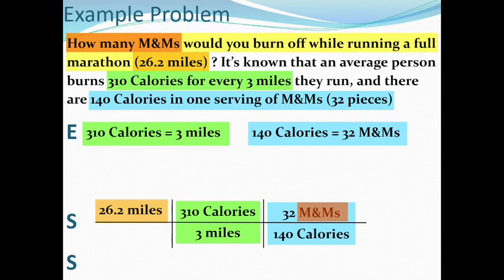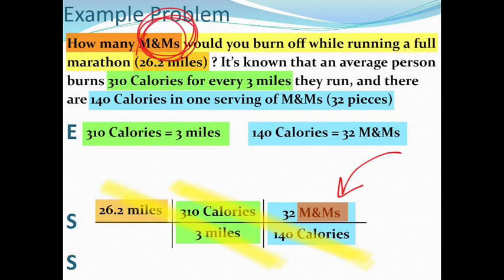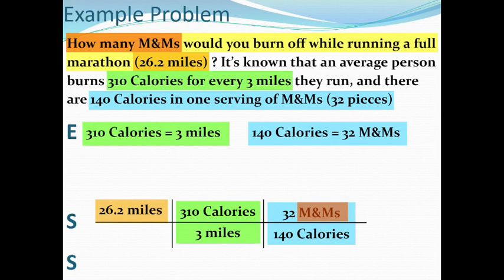So at this point, because my diagonals match all the way from my given to that last conversion factor, miles, miles, calories, calories, and all that's left up on top at the end is the unit that I wanted to end up with, then I can be confident that I am done setting up my dimensional analysis and it's time to actually calculate the answer.